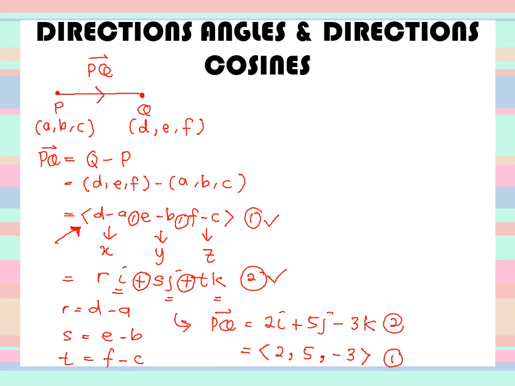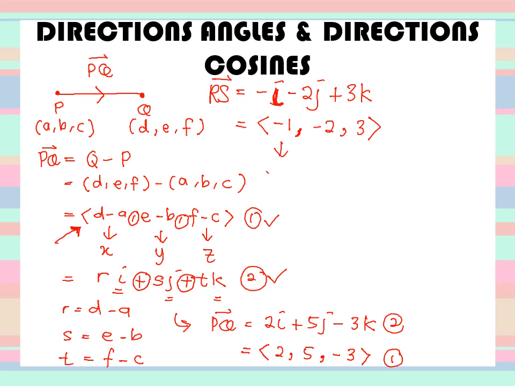Another example is vector RS. You can write it as minus i minus 2j plus 3k. This is equivalent to minus 1, minus 2, 3, separated by commas.